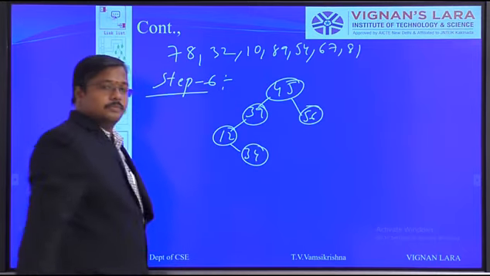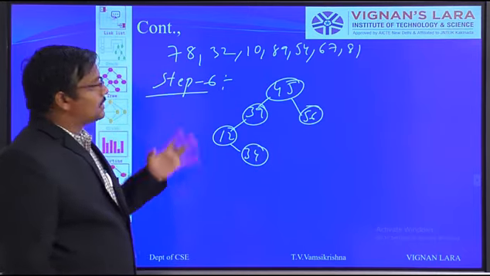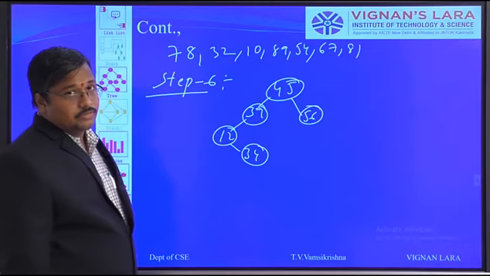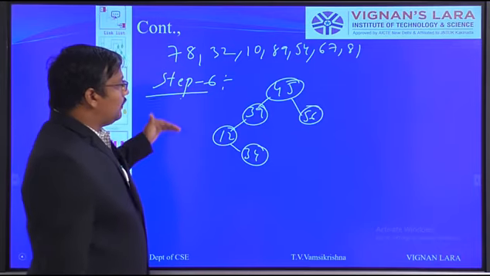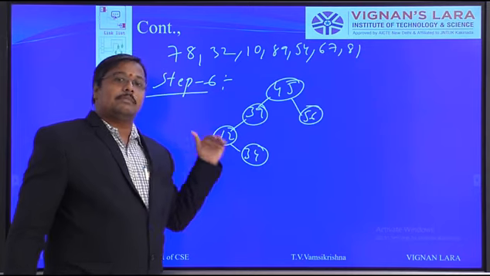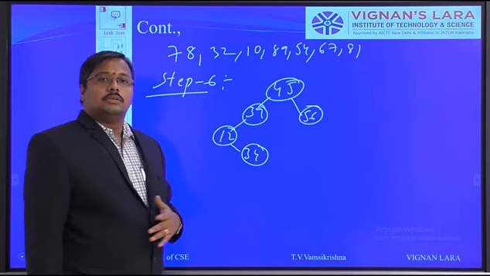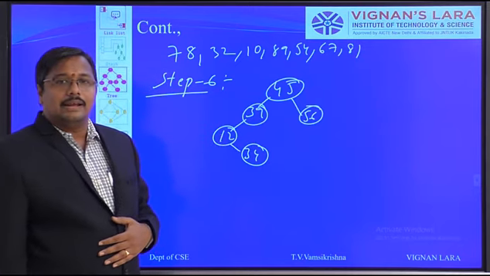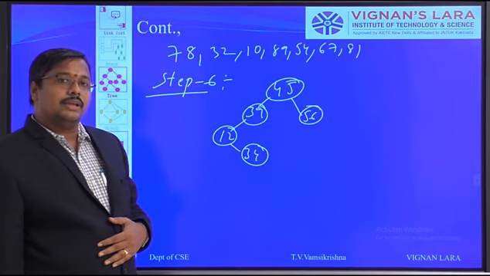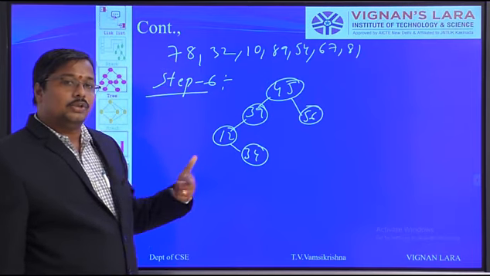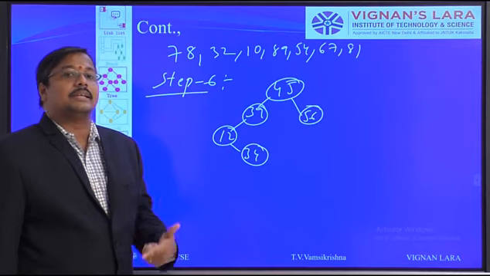This is the status in the previous slide. These are the upcoming elements we want to insert. We need to do this process step by step, but here space is very limited. That's why I am doing it in a single diagram. But you have to write it down step by step.